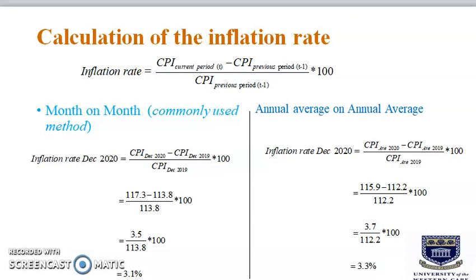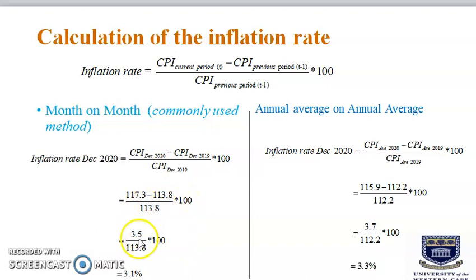the month-on-month approach. So the first thing we do is we reflect our formula. The inflation rate for December 2020 is equal to the CPI for December 2020 minus the CPI for December 2019 divided by the CPI for December 2019 multiplied by 100. If we substitute values, we would have 117.3 minus 113.8 divided by 113.8 multiplied by 100.